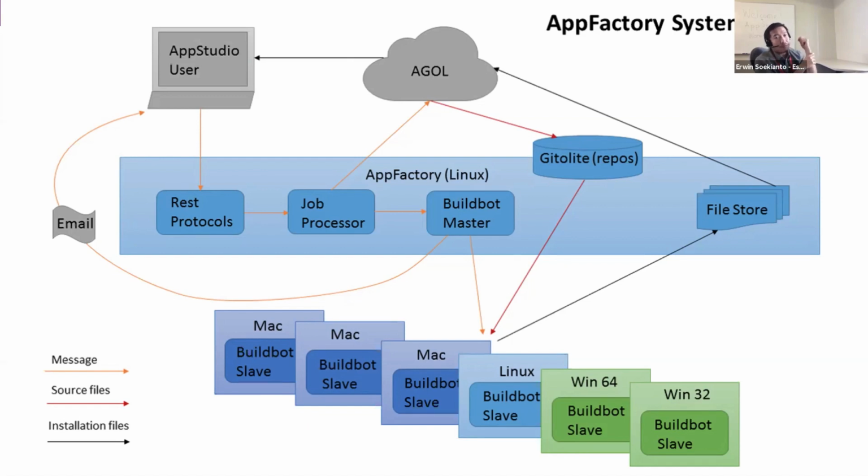Oftentimes, this is the mistake that I made, even myself in the beginning: I thought the CloudMake service was getting the copy of my local files, but it's actually getting the copy in the cloud. So before you do any CloudMake, you need to upload your app first, so that all of the changes are updated online, so that then the CloudMake service can grab that source code, and then we make a build out of it.